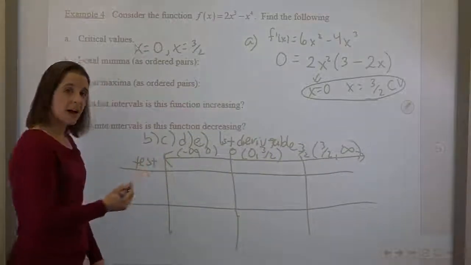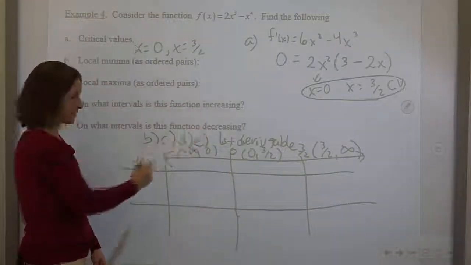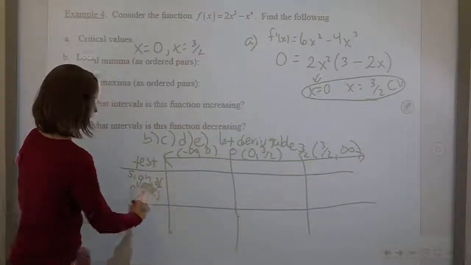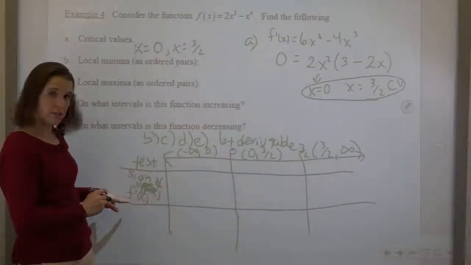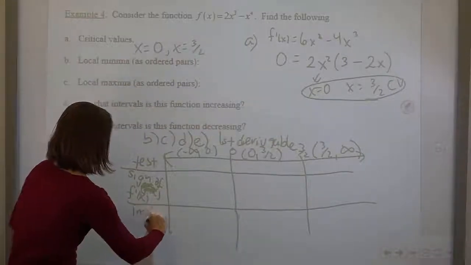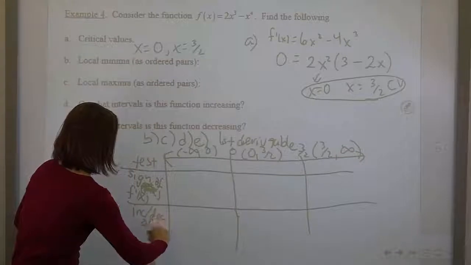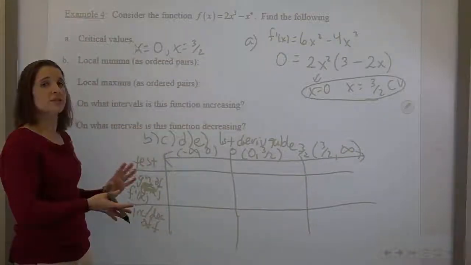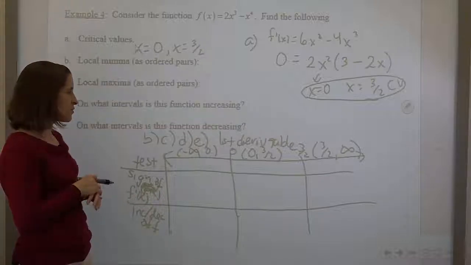We're going to pick test values. It is called the first derivative table. So we're going to determine the sign of the first derivative and use it to tell us the increasing or decreasing of the original function. So that's how you would set it up when a table is not provided for you.